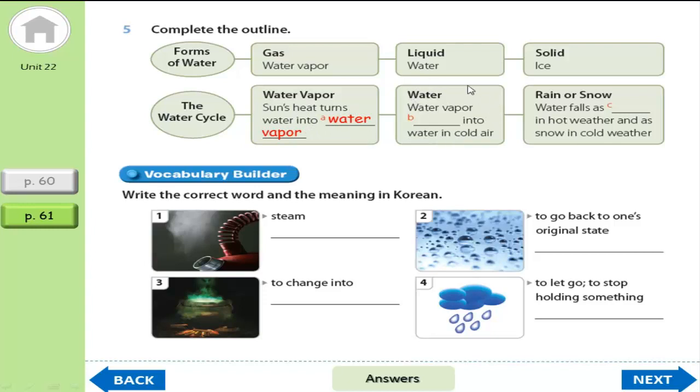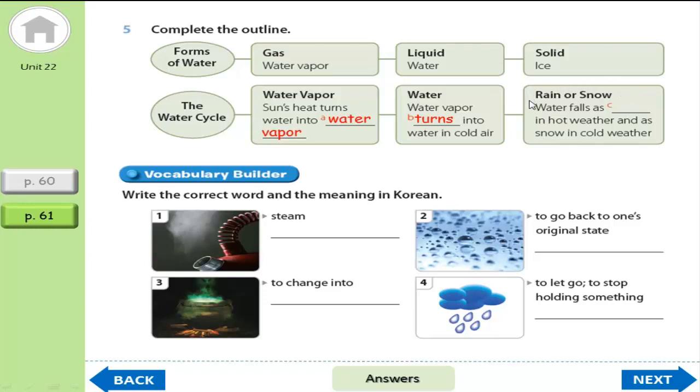Now the outline about water. Water vapor turns into water in clouds, in air. So what word should we write in here? Okay, so it turns into water in cold air.